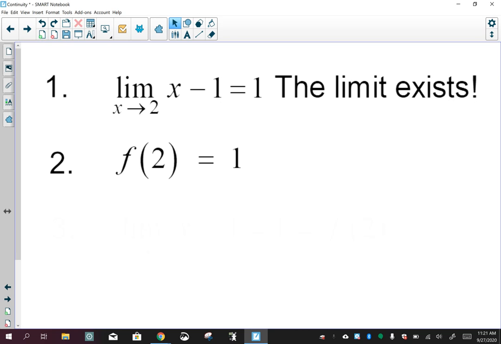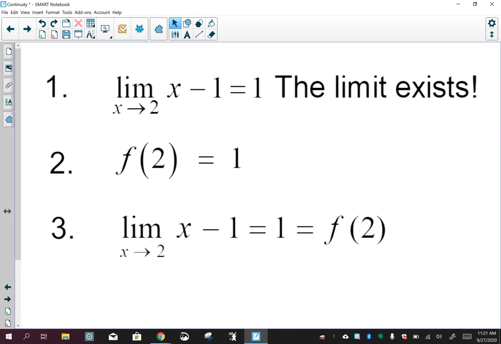The answer is yes, the answer is 1. Then number 3 says, does my limit and my defined point equal each other? The answer is yes. And since this is a yes on all three, then yes, you are continuous.